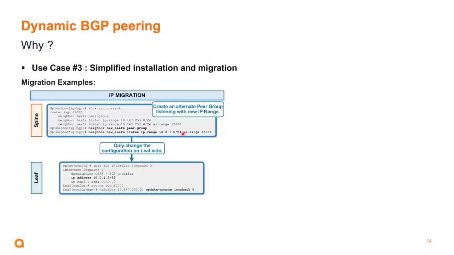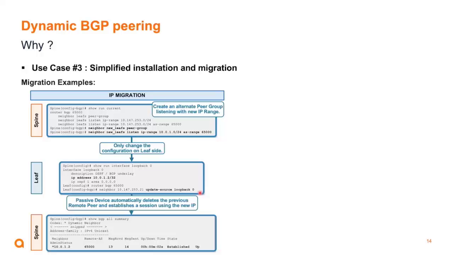On the active side, we only have to change the update source configuration, as you can see here. So we update the update source using, in this example, the loopback 0. And the listener will automatically adapt its peering, as you can see here.